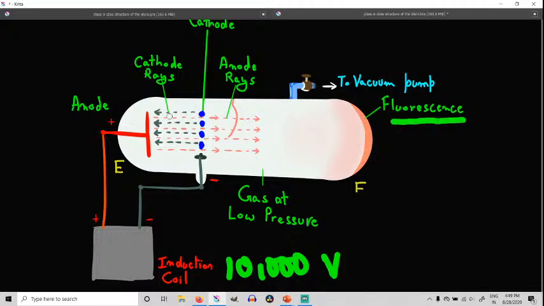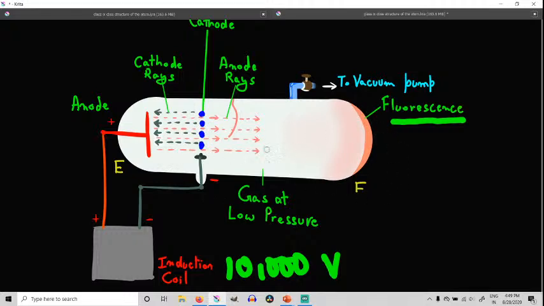It means when he applied 10,000 volt, which is a very high voltage, and the gas was taken at a very low pressure, and he took the perforated cathode, and after applying, what was the observation? He saw a fluorescence. Which side?